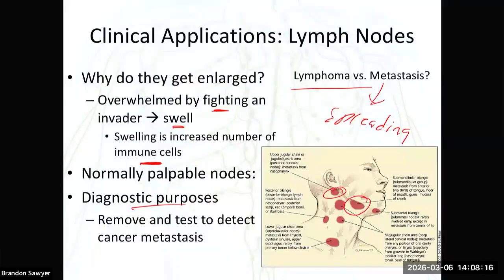A lot of times that's where it will start: somebody does have a mass somewhere, but then they go check the adjacent lymph nodes just to see if that mass is spreading, or if it's just all staying in that one spot. And that would be like a benign tumor, right? If there's no spreading. But if it's a metastatic tumor, then that means it's starting to spread through the body.